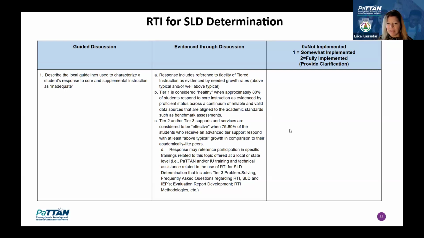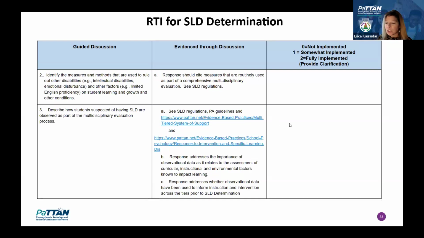Let's think about what measures and methods are used to rule out other disabilities. For example, how is your LEA ruling out disabilities such as intellectual disability or emotional disturbance, as well as other factors such as limited English proficiency on student learning and growth, as well as other conditions? So here your LEA team could think about what measures are routinely used.